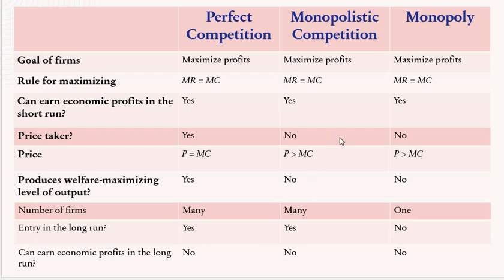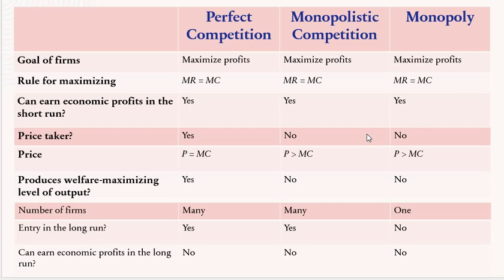And moving on, we'll be thinking about what are the differences, right? If you compare the three markets, you would ask the question about how much market power each type has, right? Which means can they decide the price they charge their customers? For a perfect competition market, they are price takers. They do not have any influence on the price. But for monopolistic competition and of course monopoly, businesses in those two markets are definitely not price takers.